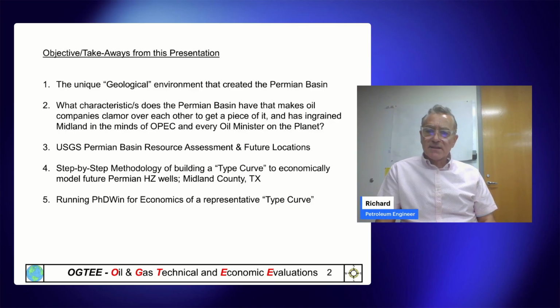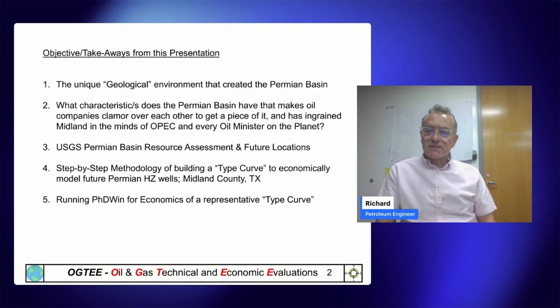The USGS is another aspect of this Midland Basin presentation that has put together some very detailed resource assessments. And I've put together what I would call a very simplistic way of putting together future locations on the basis of what was provided by the USGS.